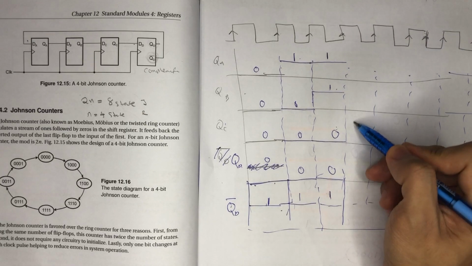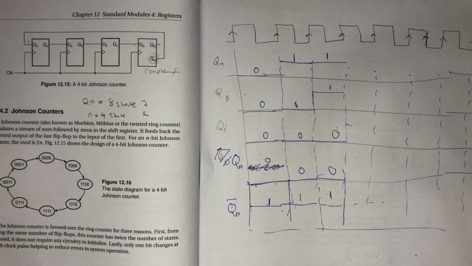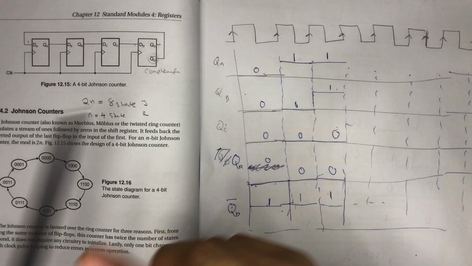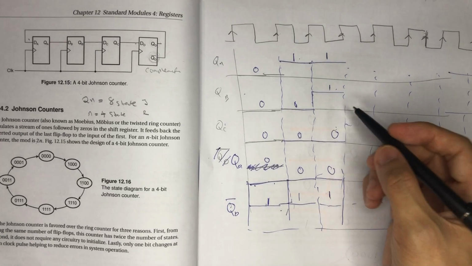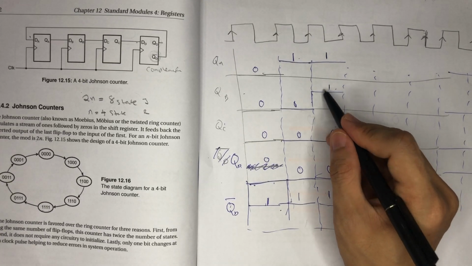Oh my god, sorry, the ink jumped away. So QC will receive the next input from QB, which is 1.